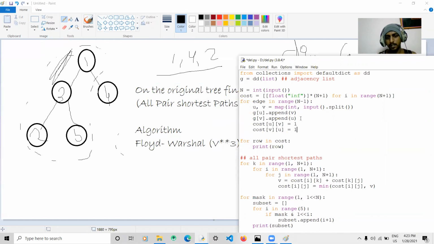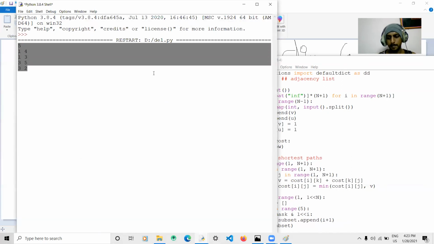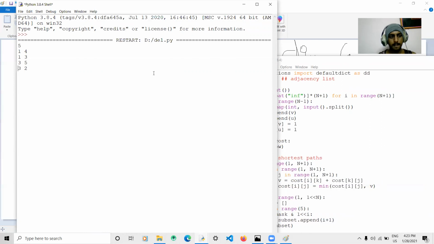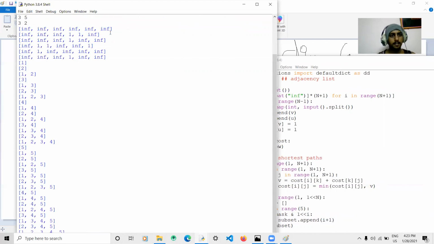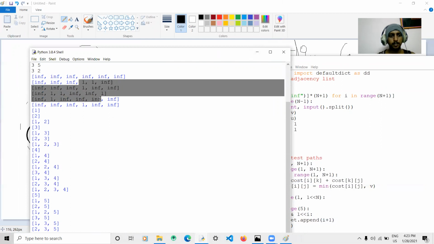Now once you fix that cost, you get some of the nodes as 1.